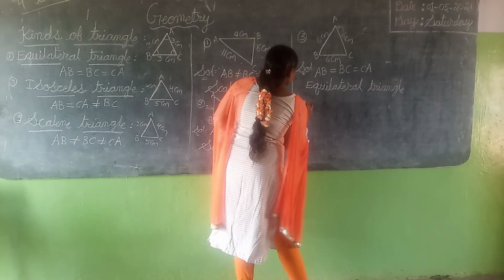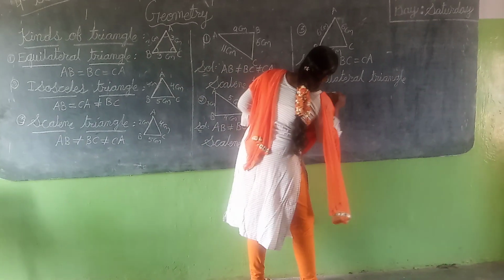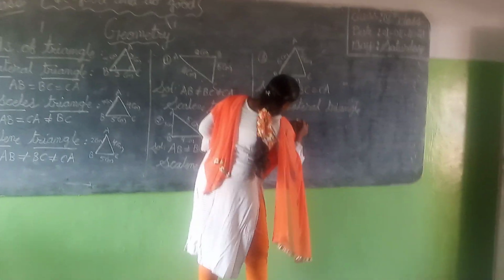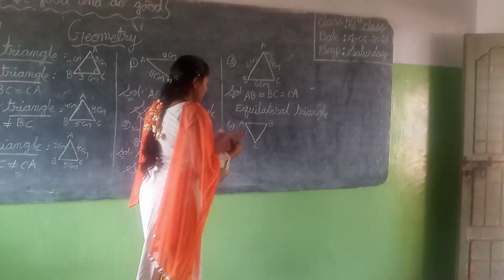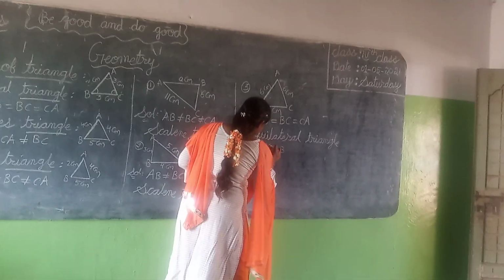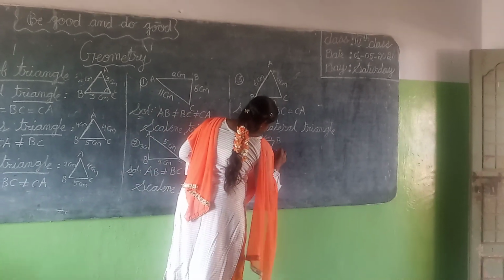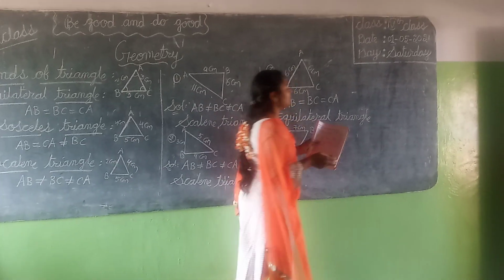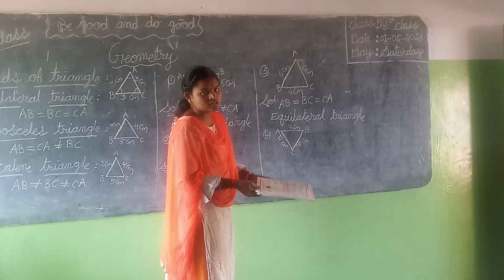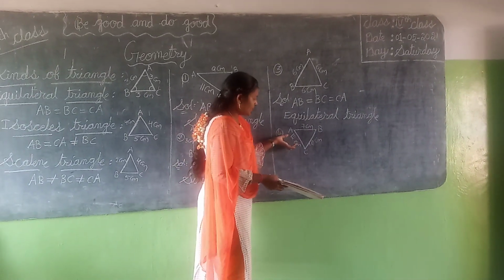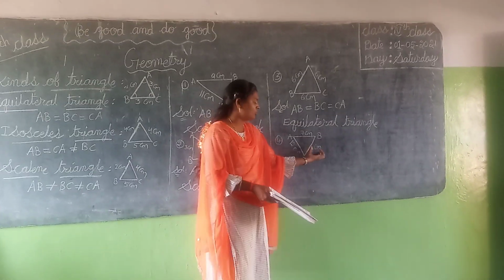Okay, next, the fourth triangle is drawn. This is A, this is B and this is C. The top side is 7 centimeters, this is 12 centimeters, this is also 12 centimeters. These questions are in your textbook, so look at your textbook and write these questions and answers also. In this picture, two sides are equal. AC is equal to BC.